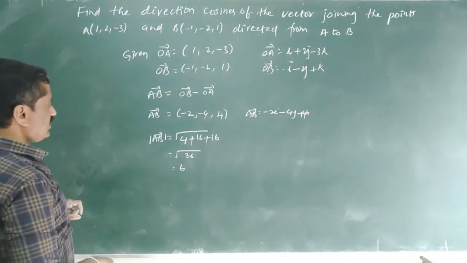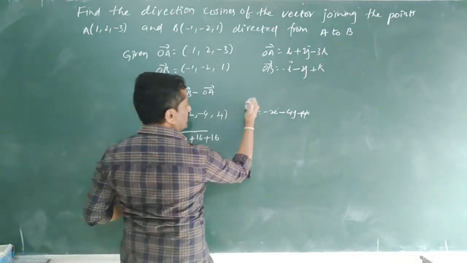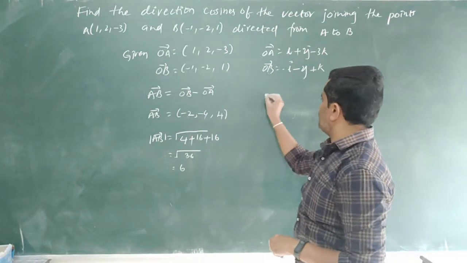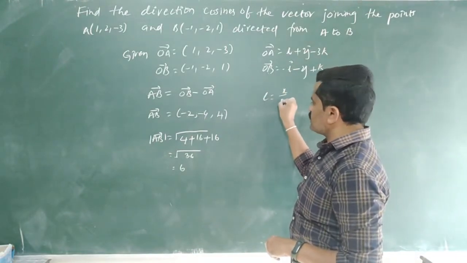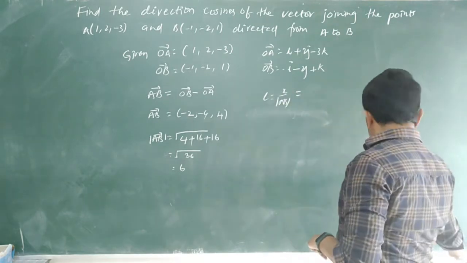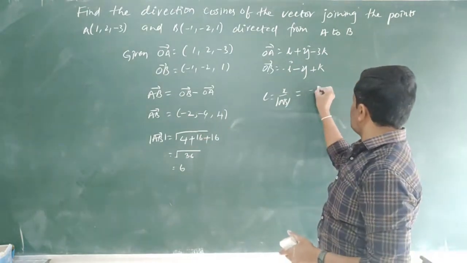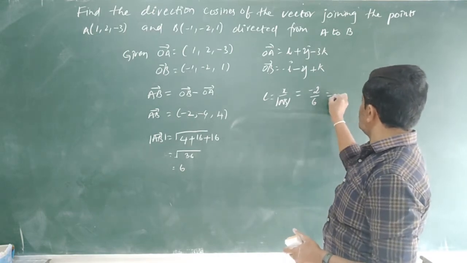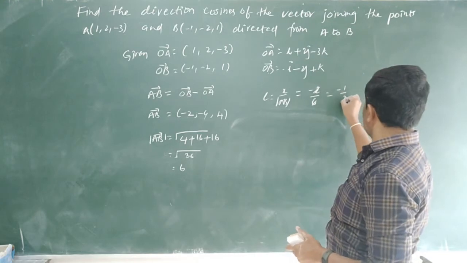Okay, next we need to find direction cosines which are given by L, M and N. Therefore we have L is equal to x divided by magnitude of AB bar. What is the value of x? Minus 2. That is minus 2 divided by 6, that is minus 1 divided by 3.